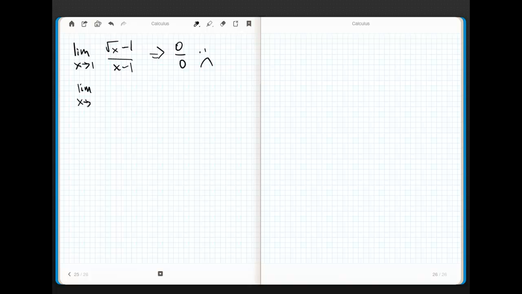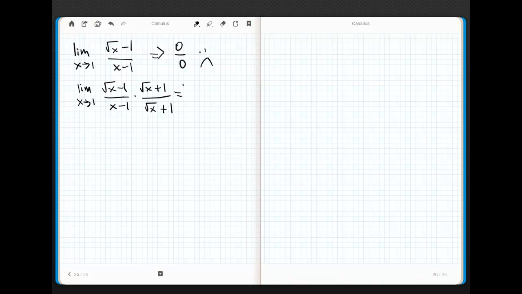I've got the limit as x approaches 1. I'm going to multiply by a goofy looking 1. Remember, I can always multiply by 1 if I want. What do I end up with?